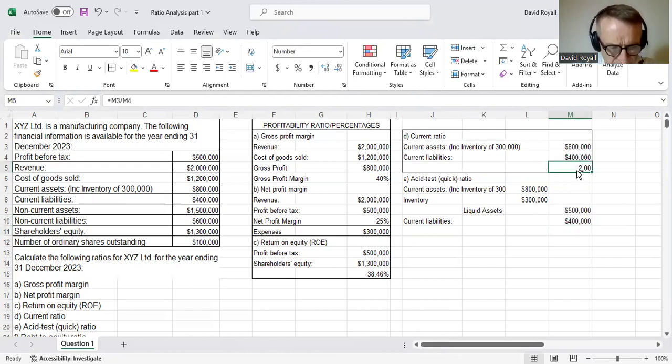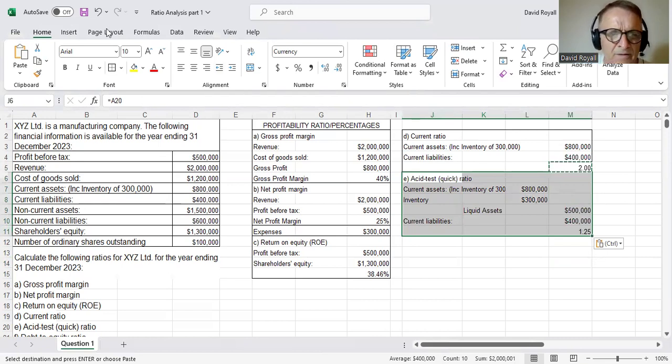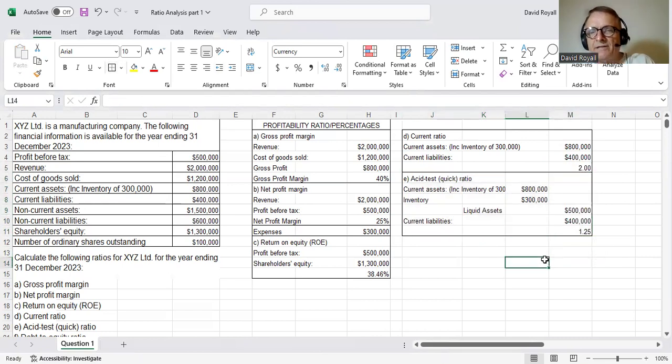And really, I'm just applying exactly the same principle of dividing the liquid assets by the current liabilities. Now we can box that in, and we can see that we could cover our immediate debt by 1.25 times. So we would more than cover it.